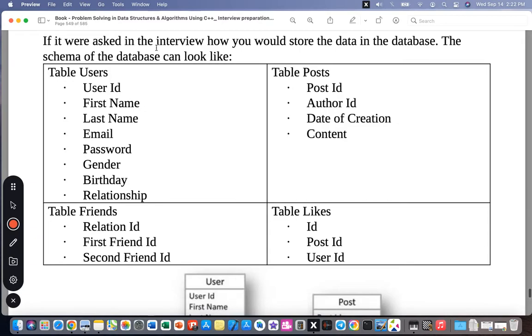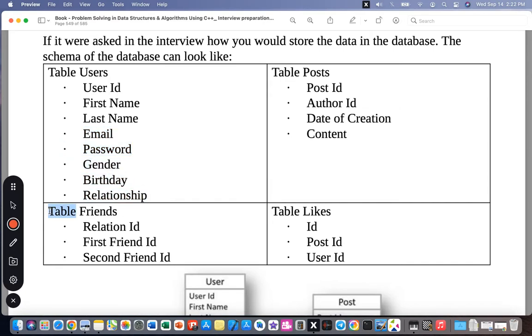If we were asked in the interview how you would store the data in the database, the schema of the database can look like this. The table for users will include the user ID, first name, last name, email address, password, gender, birthday, and relationship.